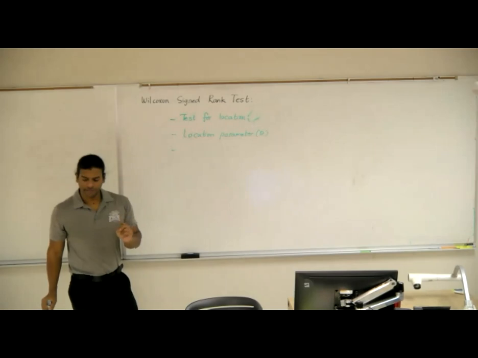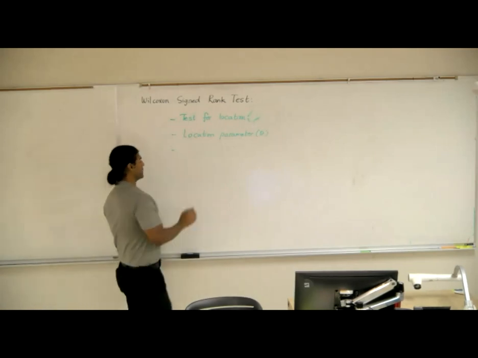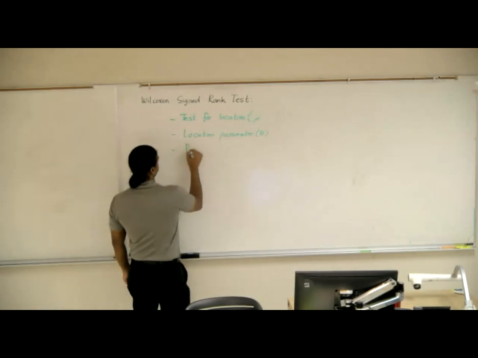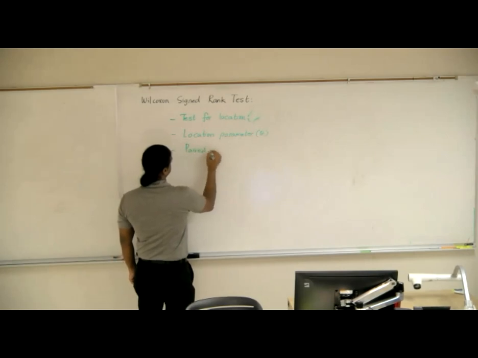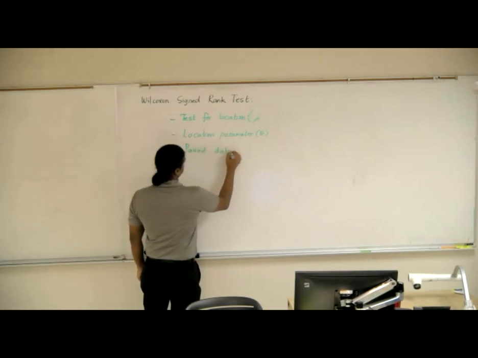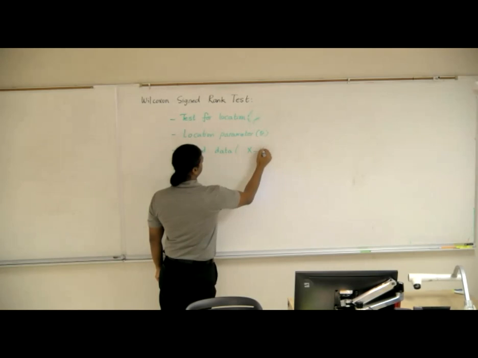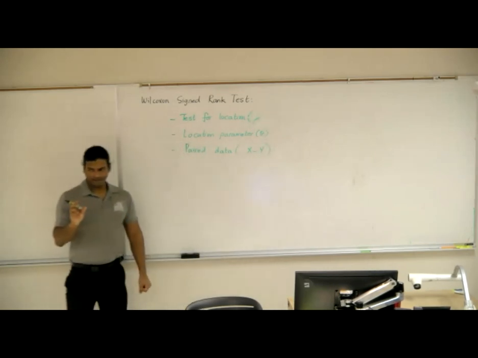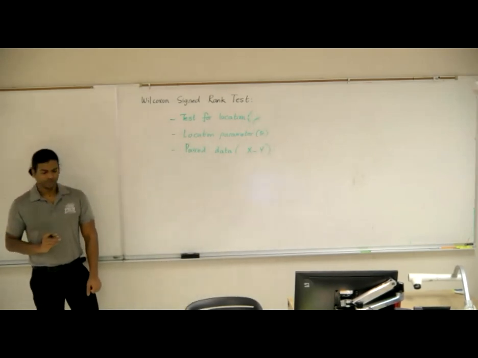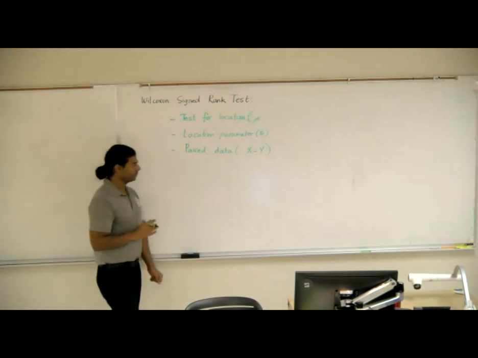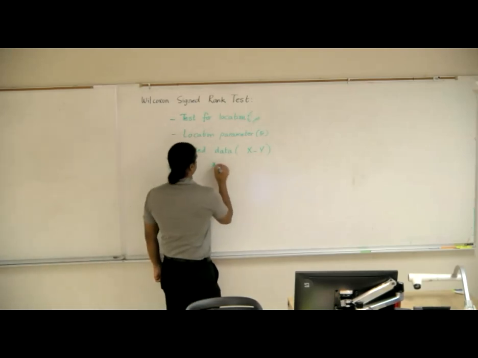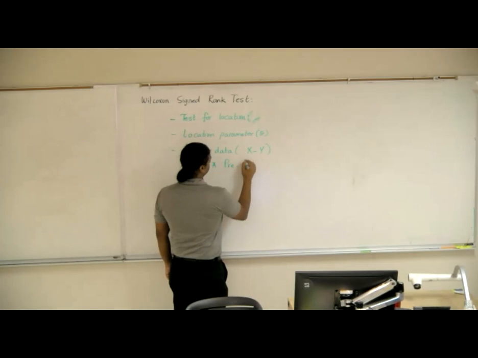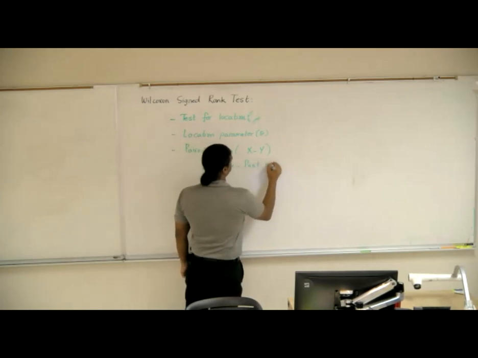And it is used to test scenarios where we have paired data. In other words, we have X, Y that occur in pairs. A common type would be a pre-post experiment.